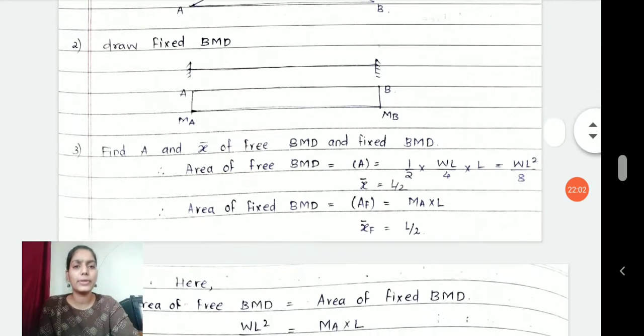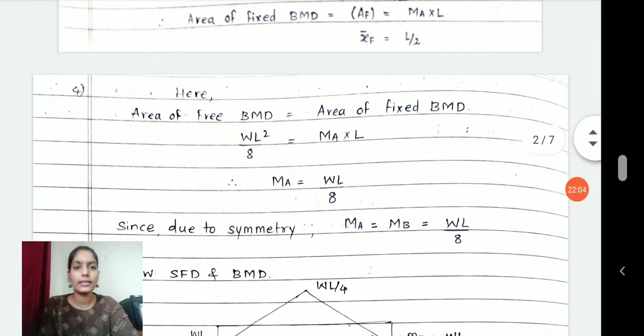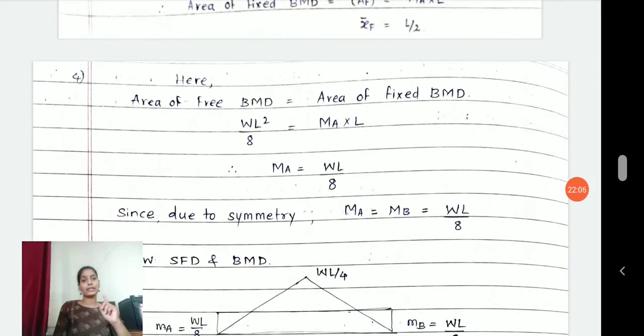Now why am I doing it? See here, this is where I am using a compatibility equation. What is a compatibility equation? Developing an extra equation to analyze my structure, right? Here I am equating the area of the free bending moment with the area of the fixed bending moment, right?